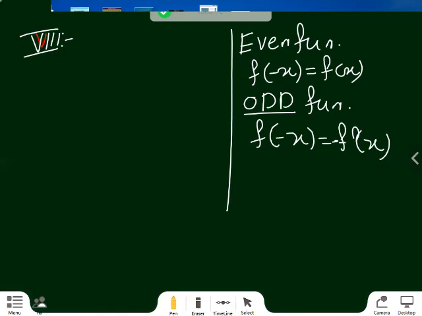Now we use these two definitions of the even and odd function in the last property, property number 8. What is property number 8? It states that integration from minus a to a f of x dx gives two values depending on the nature of f of x.